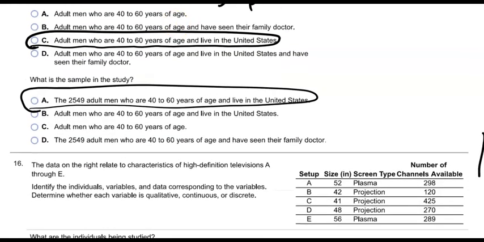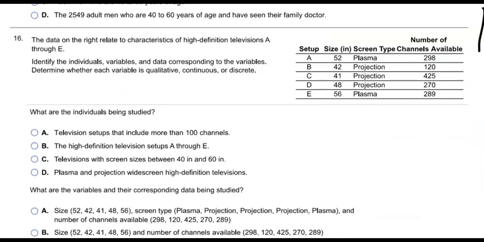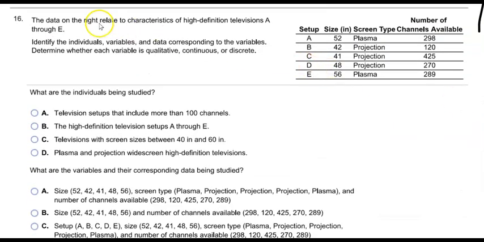Let's do question number 16. Again, you have data here, with A, B, C, D, E. They are the setups of televisions A through E. There is a size of the television, the screen type of the television, and the number of channels available on the television.